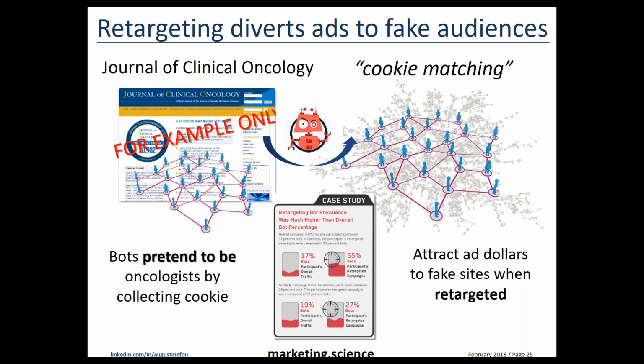So what they're doing here is they're basically stealing away a dedicated, highly specialized audience from this site, JCO, this journal site, this medical publisher that has this specialized audience. And now when ad tech or the marketers can show ads to these users outside of JCO or somewhere else in the ad tech ecosystem, then the marketers no longer need to buy ads from JCO in order to show ads to the specialized audience.